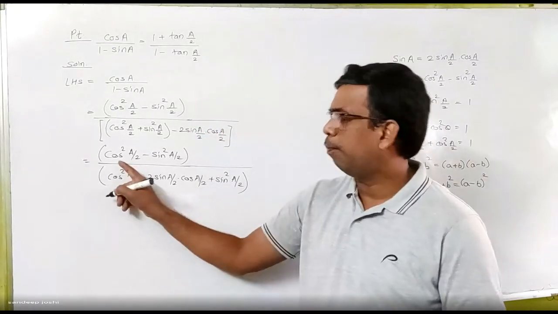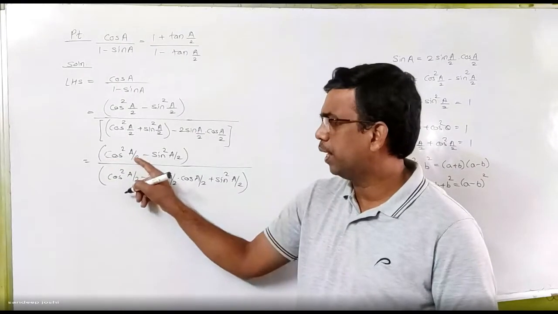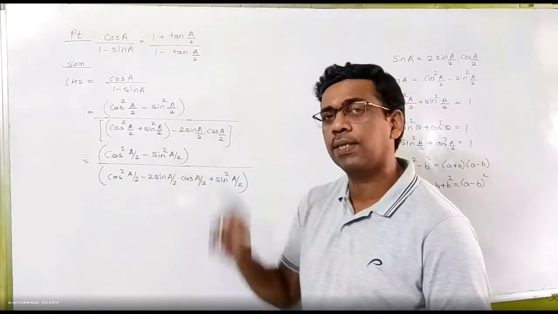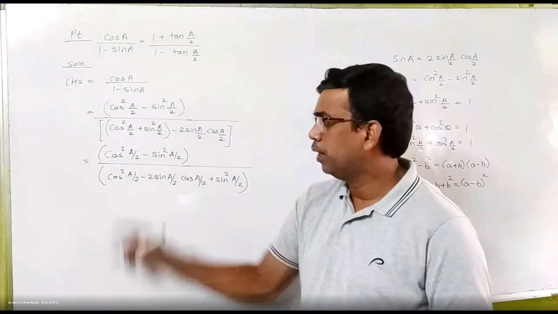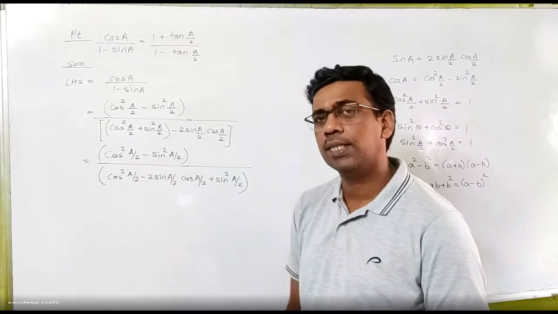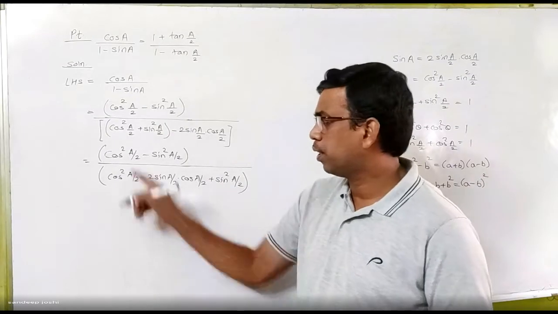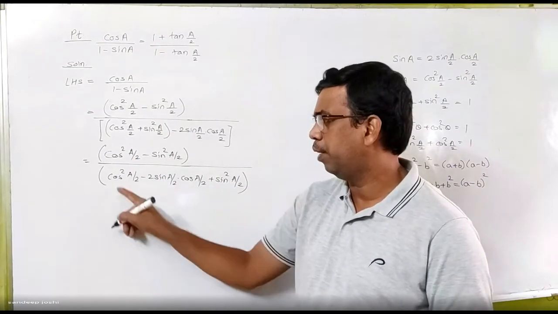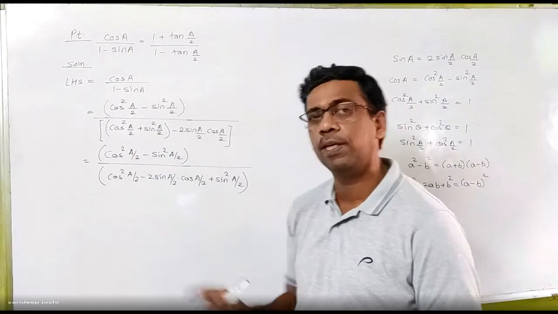If you observe it properly, this complete term is considered as a square, this complete term is considered as b square. So in this case, our a is cos A by 2, and our b is sin A by 2. This is a square minus 2ab plus b square.